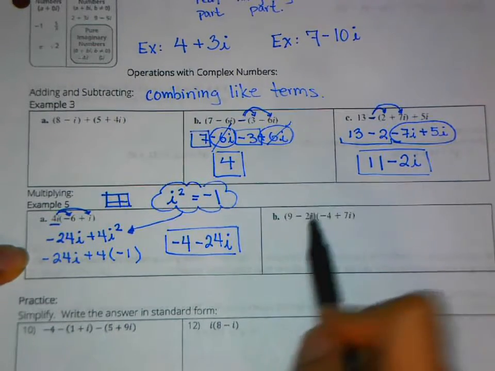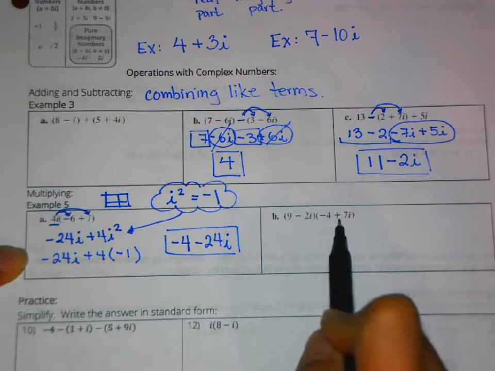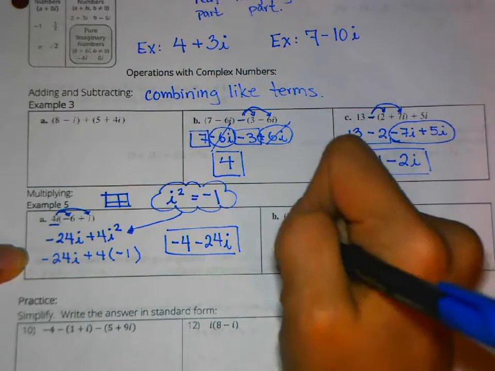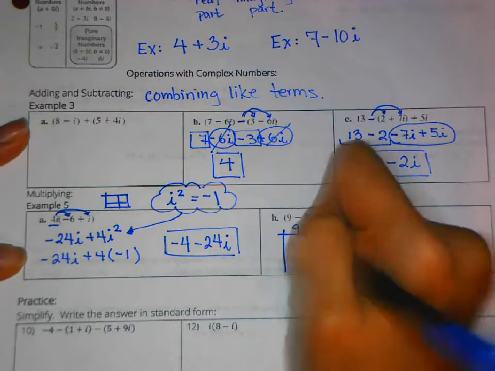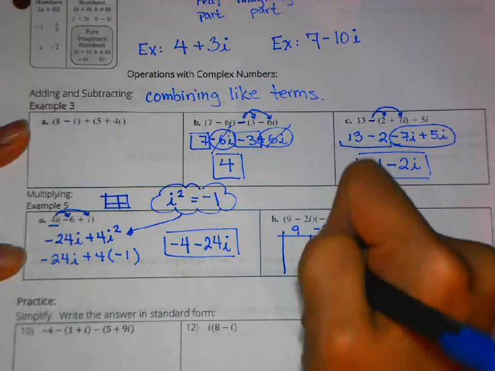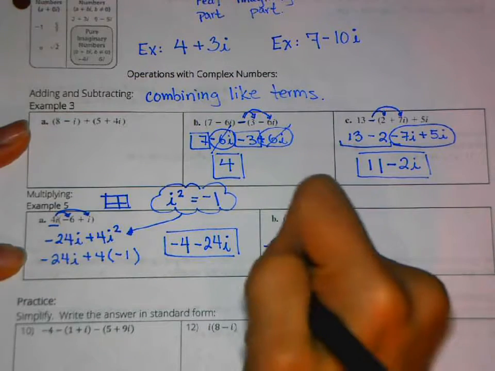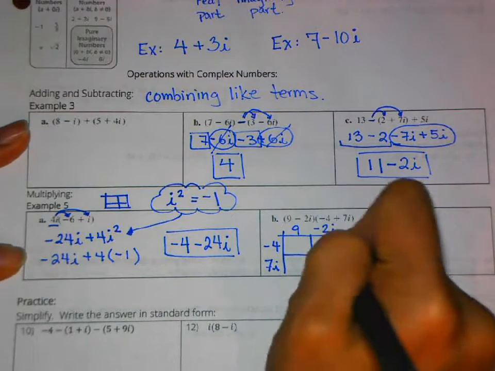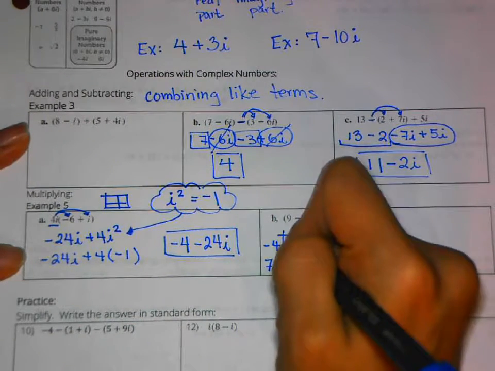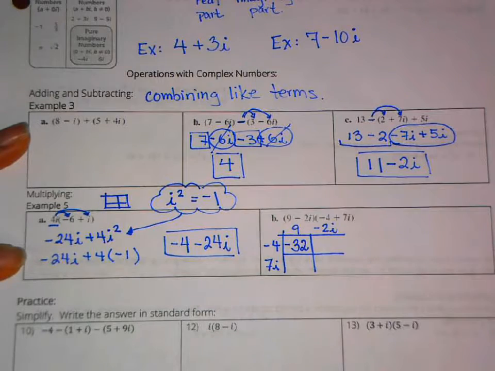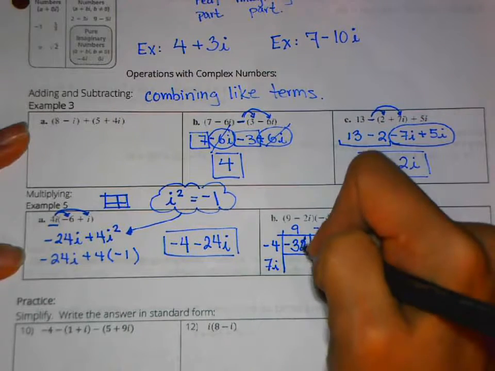Same thing with this one. 9 minus 2i times negative 4 plus 7i. This one I actually like doing with my square, with my box. 9 minus 2i times negative 4 plus 7i. That's my box. Let's multiply. 9 times negative 4, negative 32. Nope, lied. Negative 36.